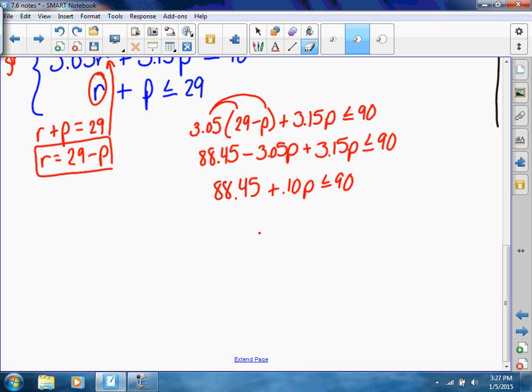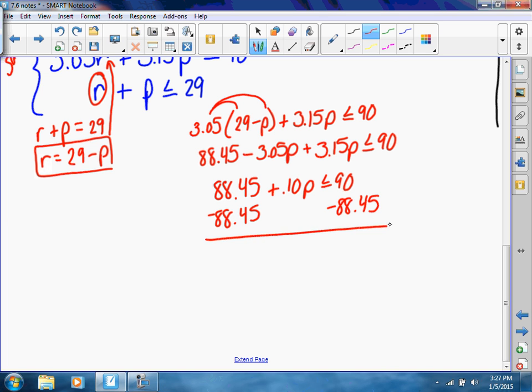And then I'm going to subtract the 88.45 over to the other side. Remember, when we're dealing with inequalities, we like to keep the variable on the left side of the inequality. So 90 minus 88.45, that's 1.55.